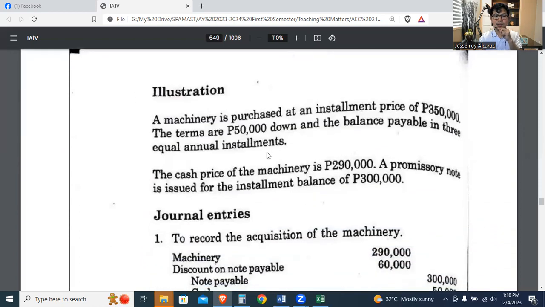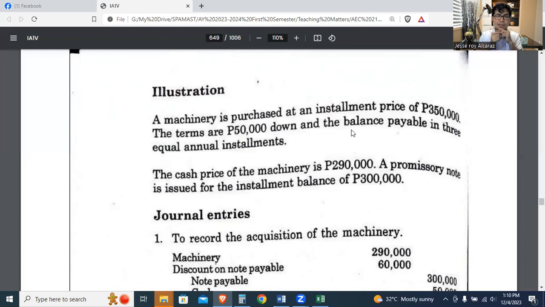A machinery is purchased at an installment price of 350,000. Okay, the invoice price is 350,000. The terms: 50,000 pesos down and the balance payable in 3 equal annual installments. What does that mean? It means that 350,000 less the 50,000 down leaves 300,000 pesos of debt.